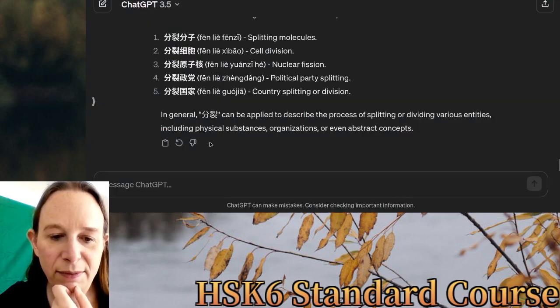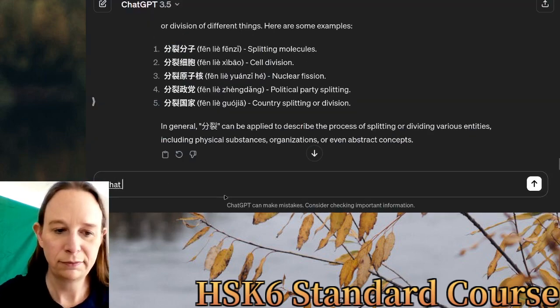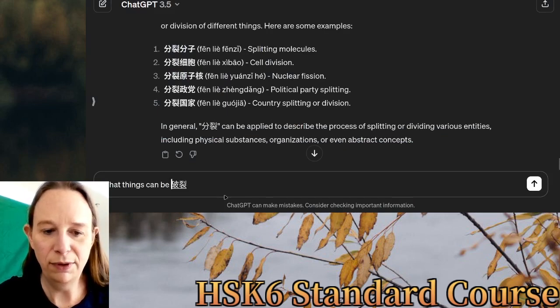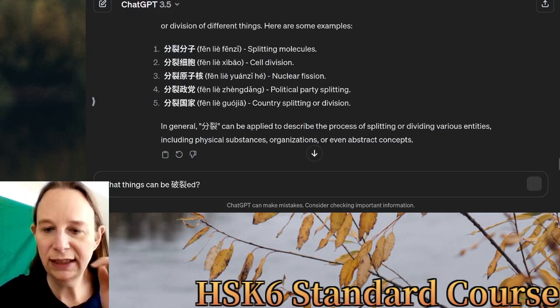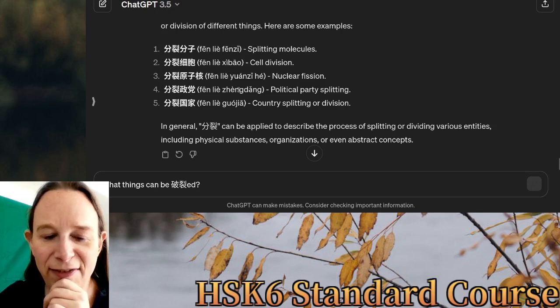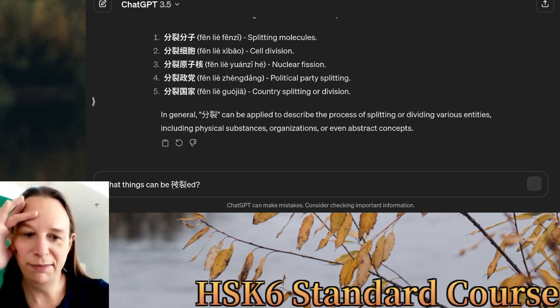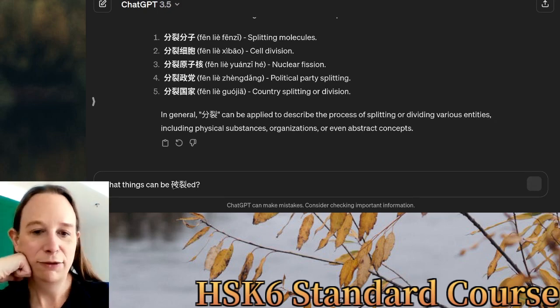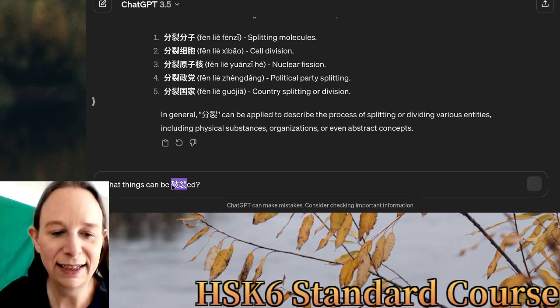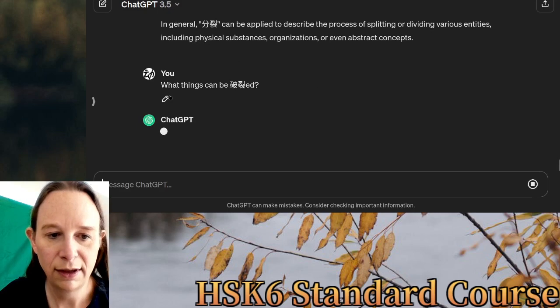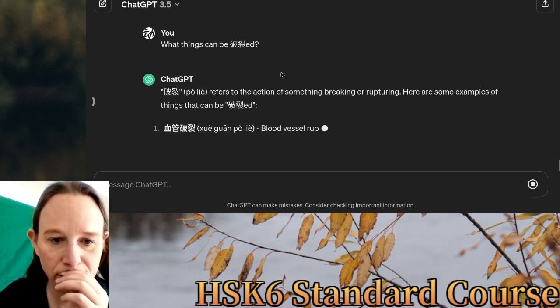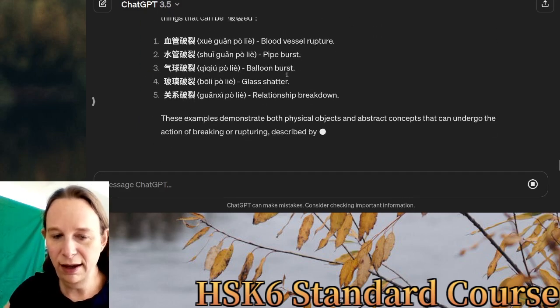Okay, and what things can be 破裂? So can you burst a blood vessel? Is that 裂, rupture a blood vessel or something? Rupture an artery, something like that? Something breaking or rupture.